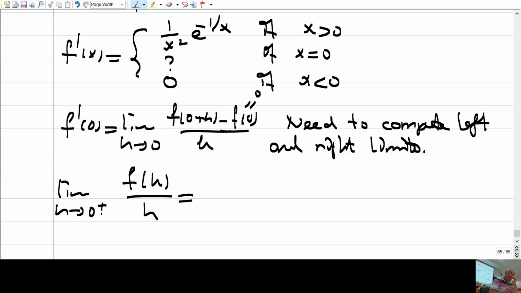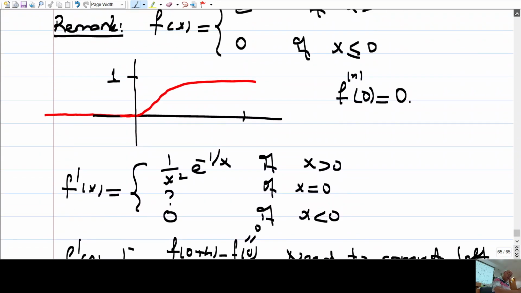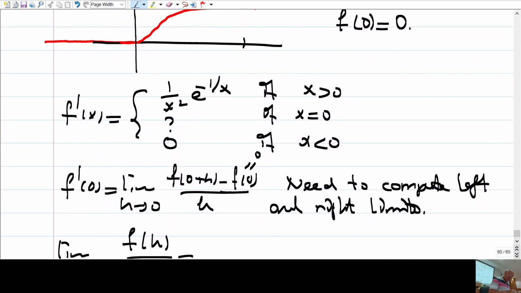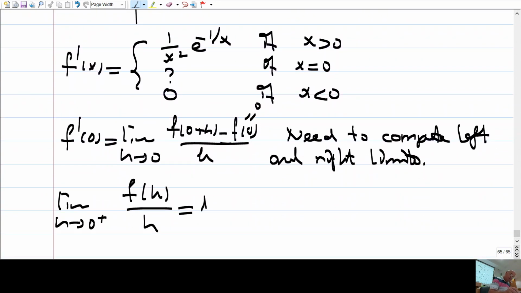Well, as h goes to 0 from right, f of h is this expression. So it is the limit as h goes to 0 from right of e to the power minus 1 over h, divided by h.